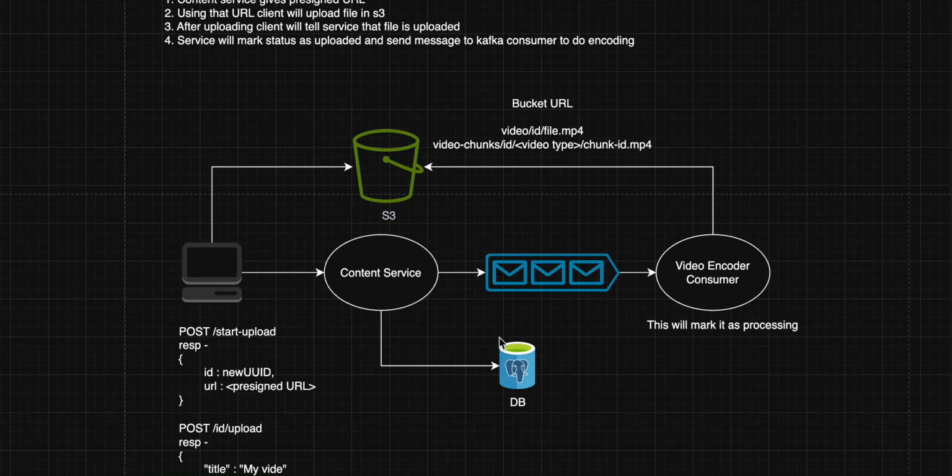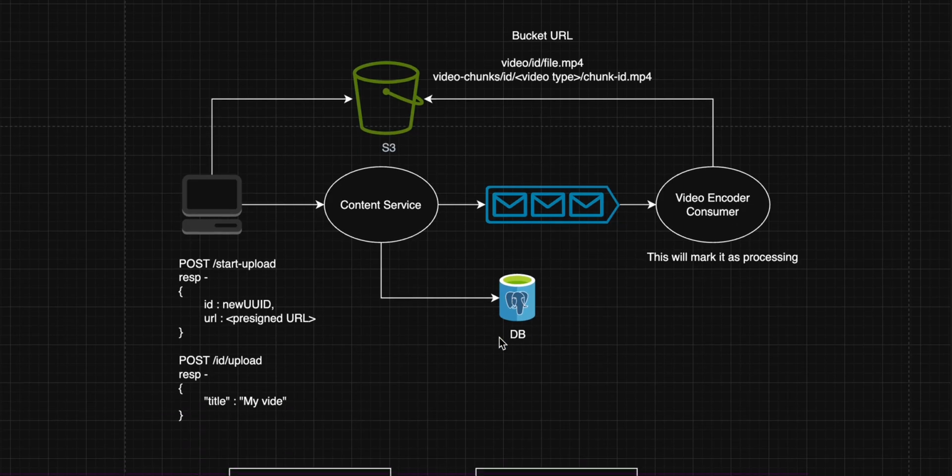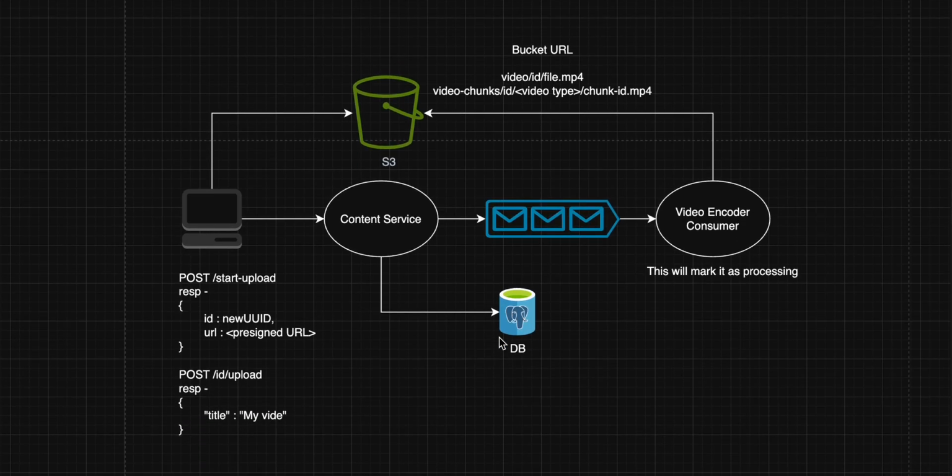Now the client will upload that video to that pre-signed URL, and as soon as that is uploaded, we will say to content service, hey, my video is uploaded of this ID, and we will provide the metadata of that video like title, images, thumbnail, these things, and then the content service will mark that entry as saved.